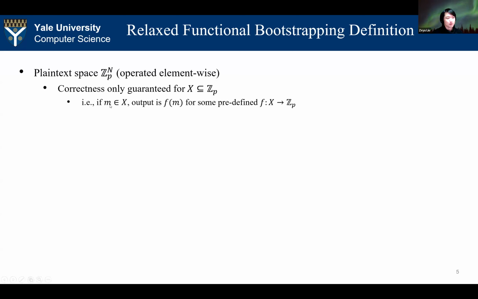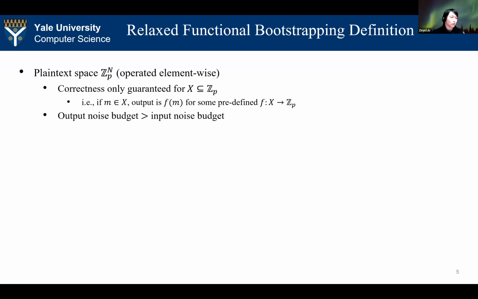It means that if the input message m is within this valid input set X, then the output should be f(m) for some predefined function f. And what about otherwise? We'll talk about that in the next slide.